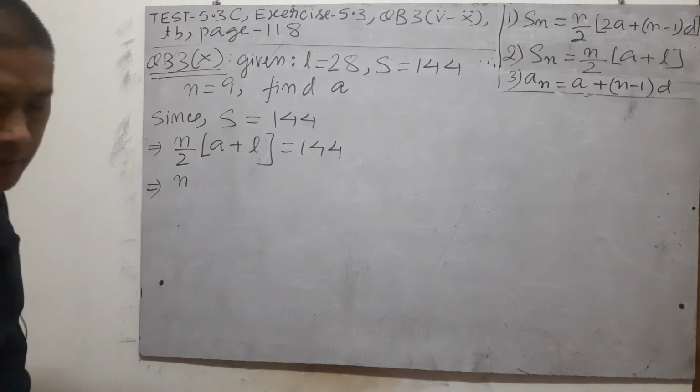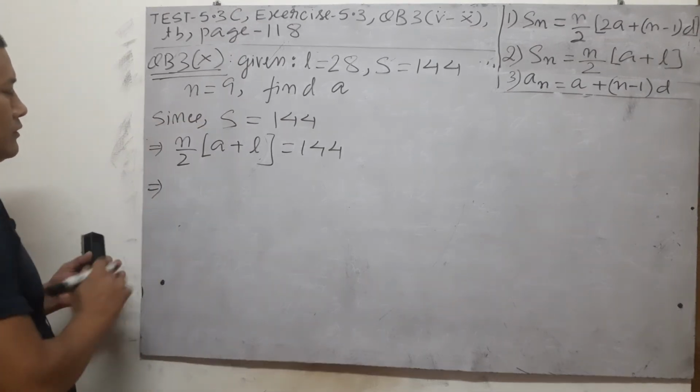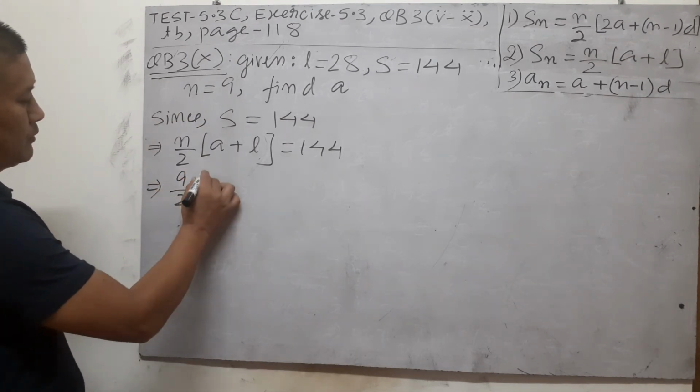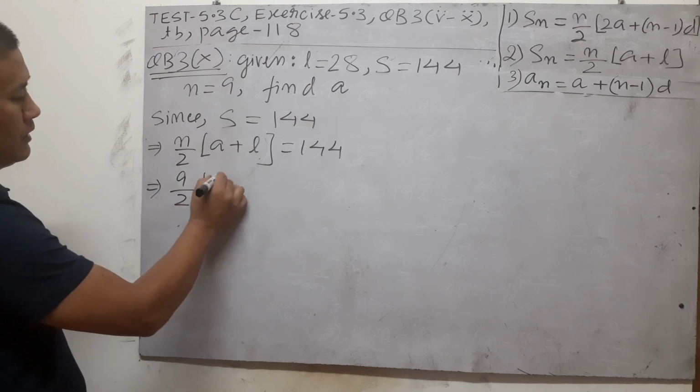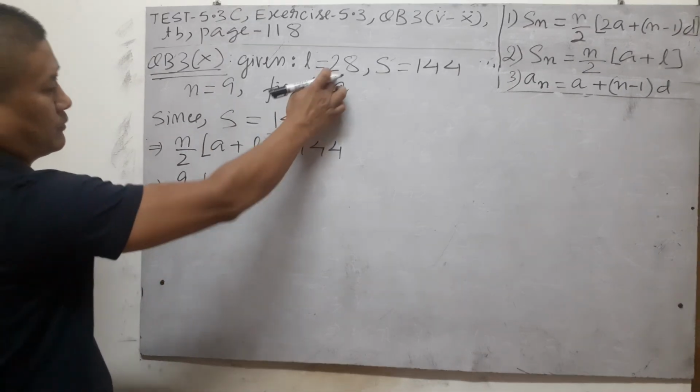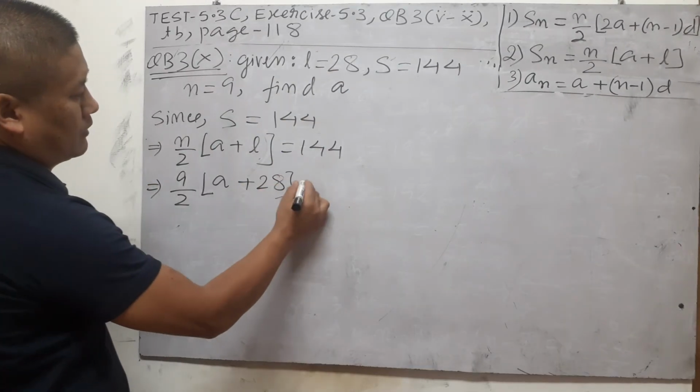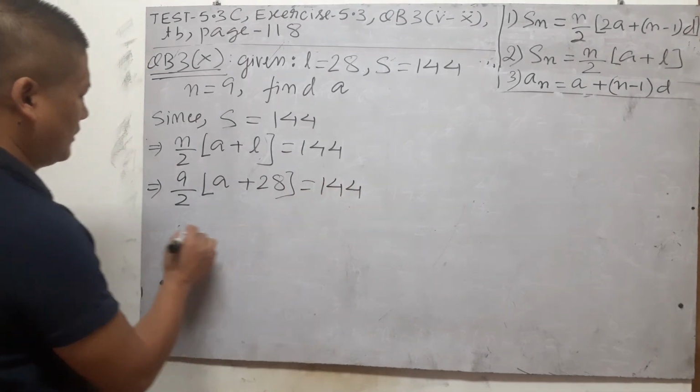N is known, sorry. The number of terms is 9, so 9 divided by 2, and we have to find a, plus last term 28, equals 144.